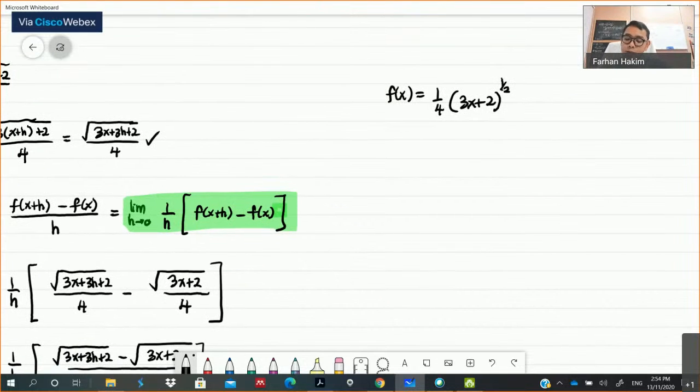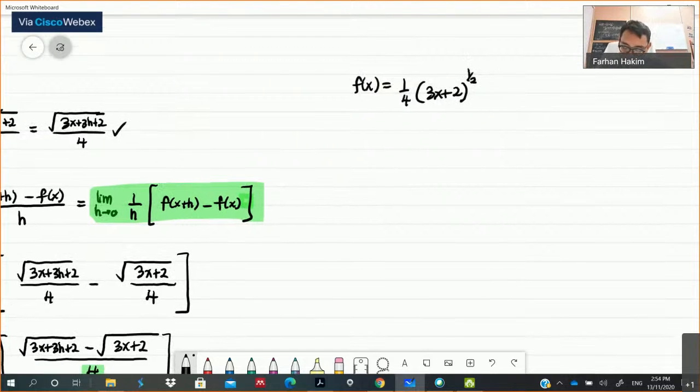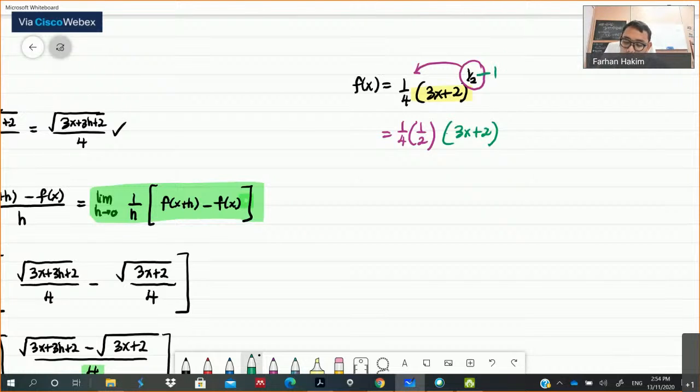When we differentiate this, we have to bring down this 1 over 2. So I'll have 1 over 4, 1 over 2, and then I'm going to write this whole thing, 3x plus 2, and then that power will minus 1, so 1 over 2 minus 1.